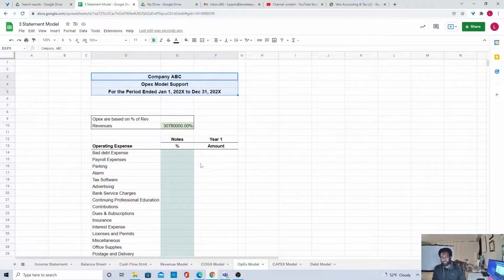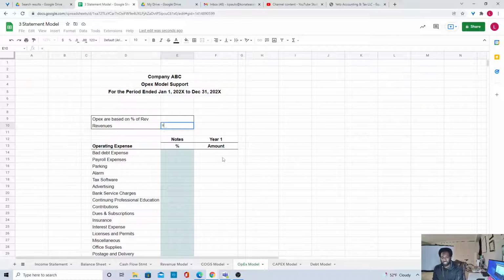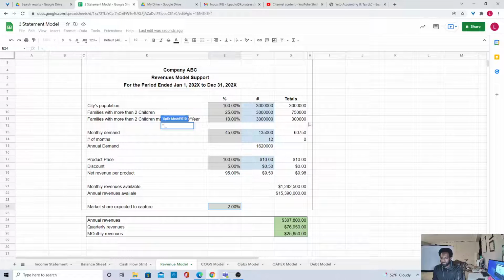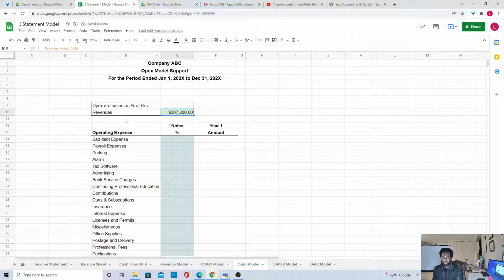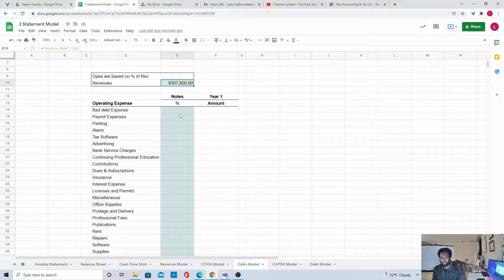So for the sake of this pro forma, I made an assumption that my operating expenses are going to be a percentage of revenue.